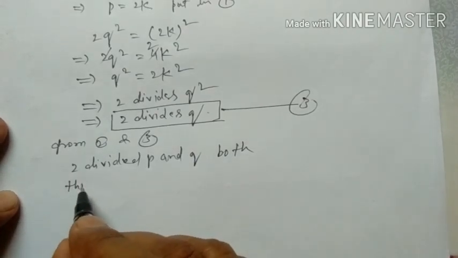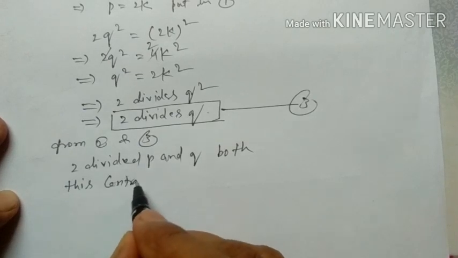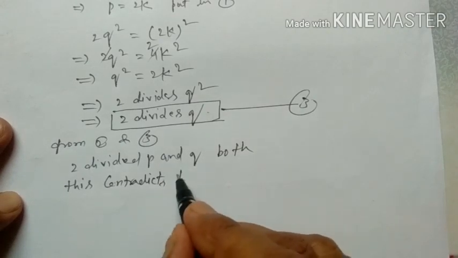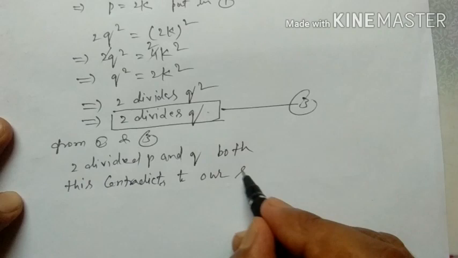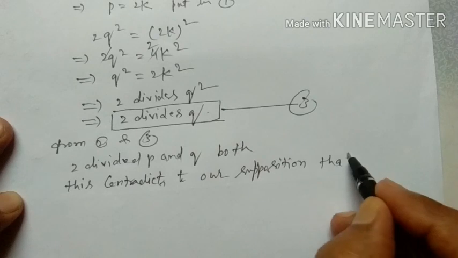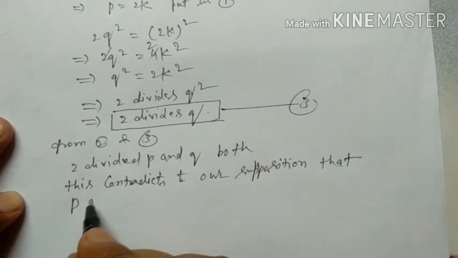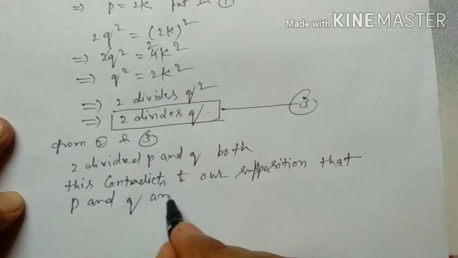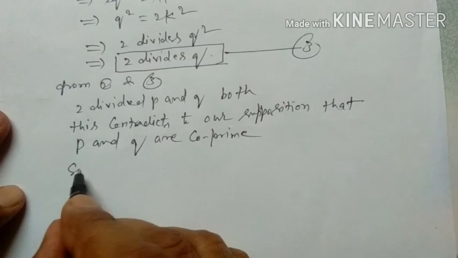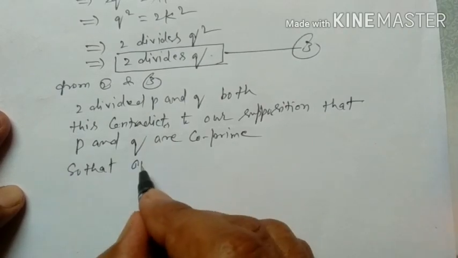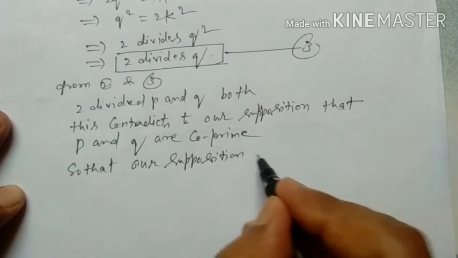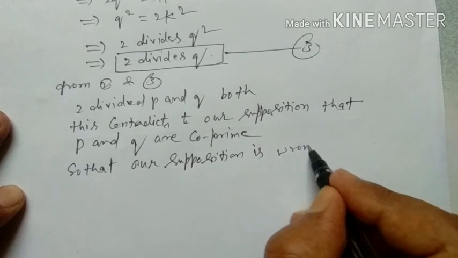This contradicts to our supposition that p and q are co-prime, so that our supposition is wrong.